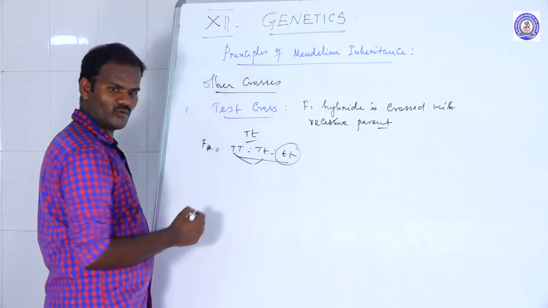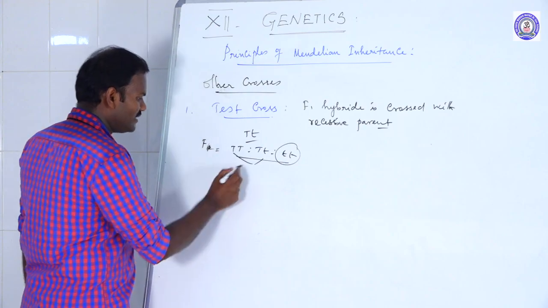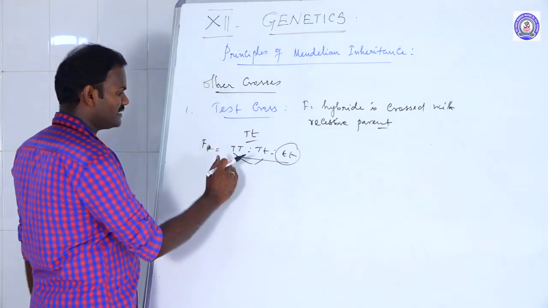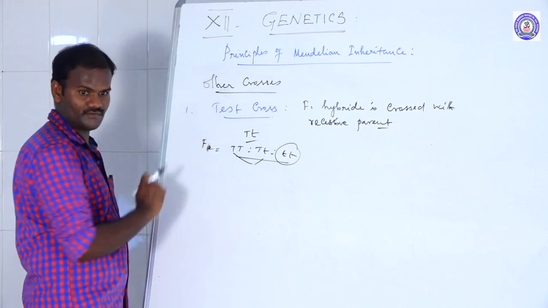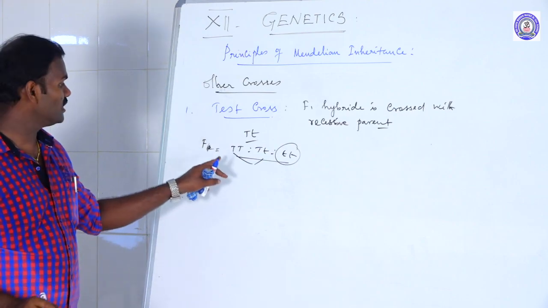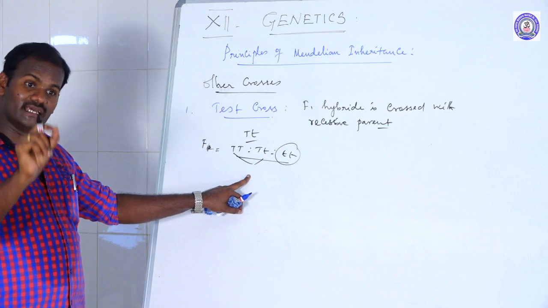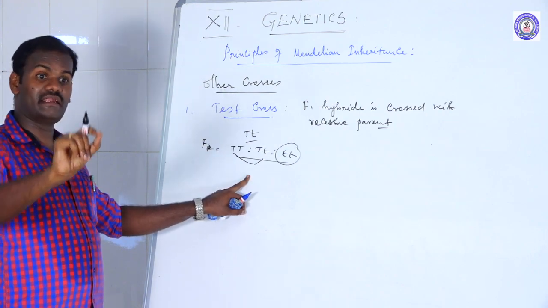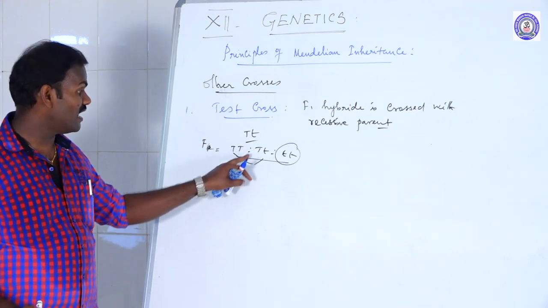But recessive is no problem: only small t controls the recessive character. If you take the dominant character tall, we can't predict the genotype, because the dominant character tall is controlled by two different types of genotype. We can't predict.